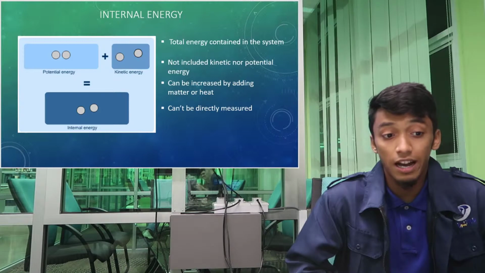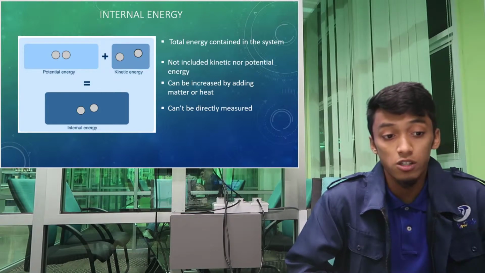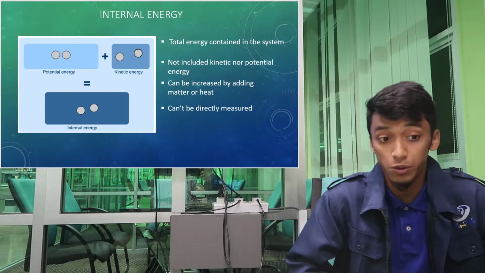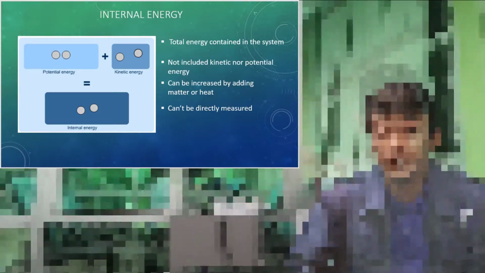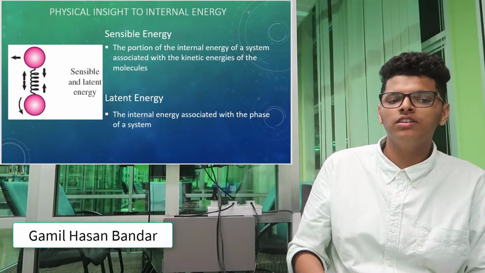It keeps account of the gains and losses of energy of the system that are due to changes in its internal state. There are some physical insights into the internal energy.